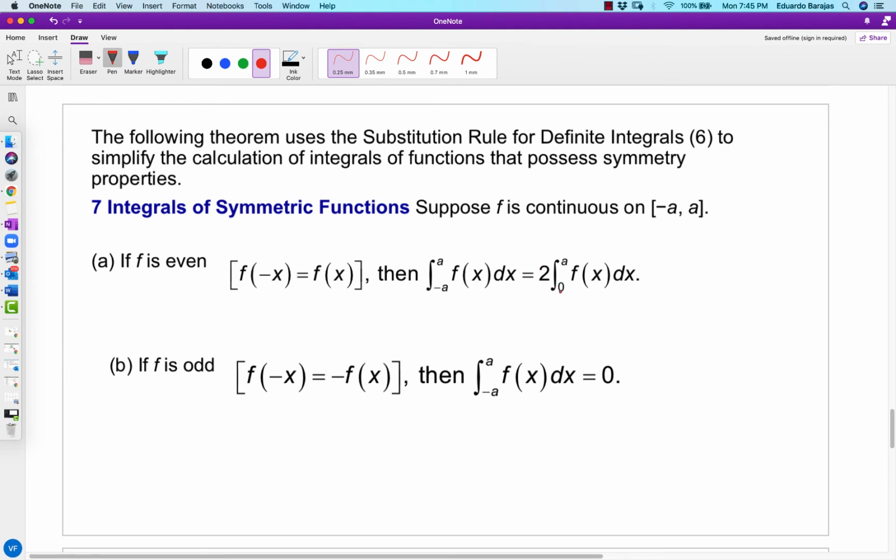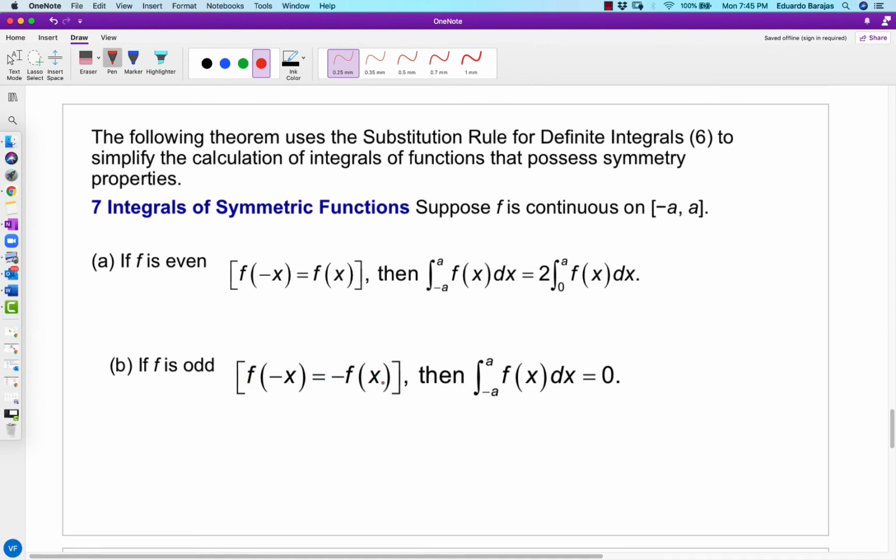The advantage to this is very often evaluating something with a 0 makes life really easy. Things cancel and reduce really nicely when one of the limits of integration is 0. So it's just a nice little shortcut that can sometimes work out. And then this one's a really great shortcut. If f is odd, it means that f of negative x equals negative f of x.